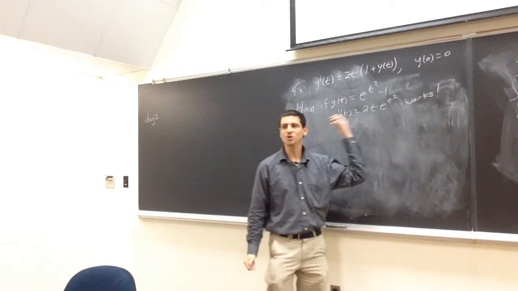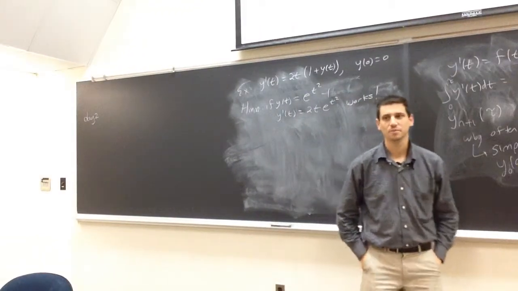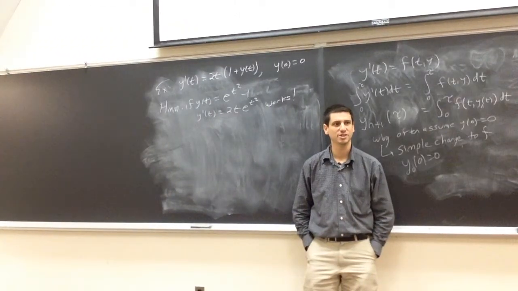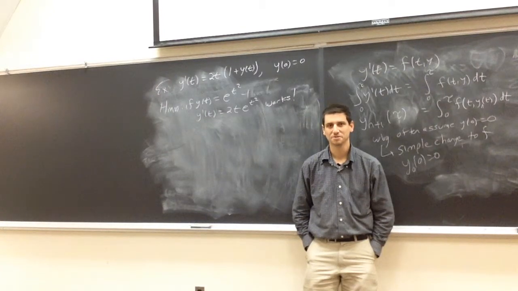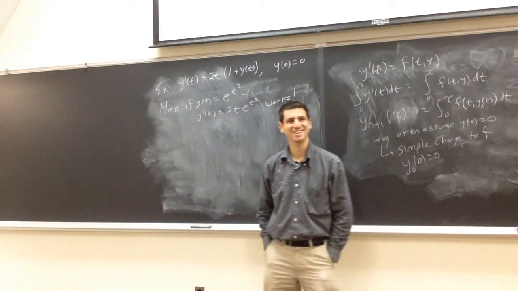All right. In general, you are not going to be able to just look at a differential equation and write down the answer. Why do you think I'm able to just look at this and write down the answer? It's not years of experience. Why do you think it's in my notes?